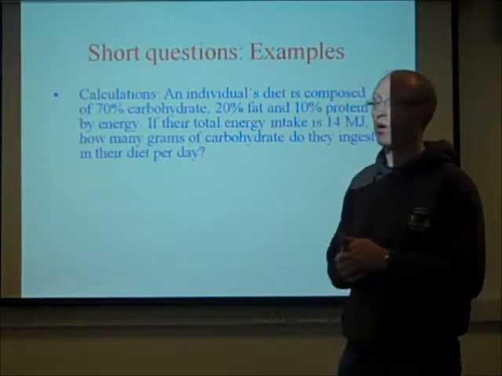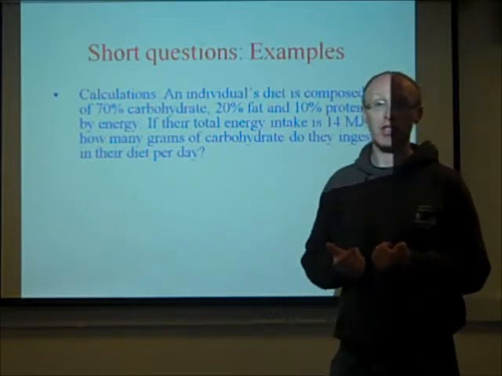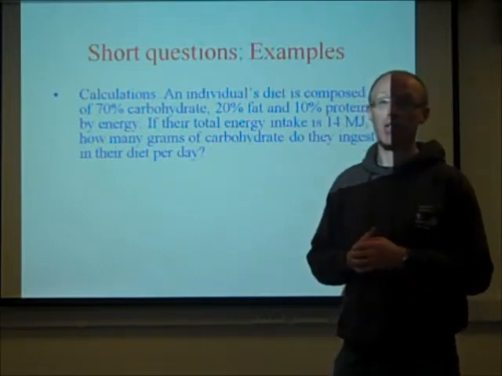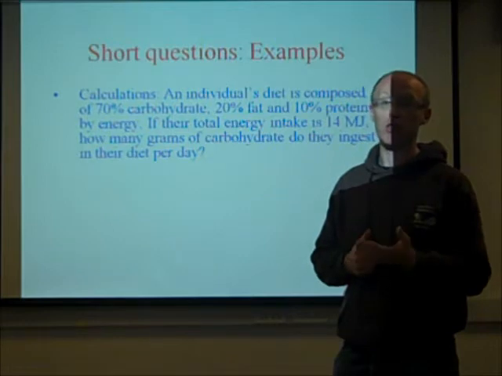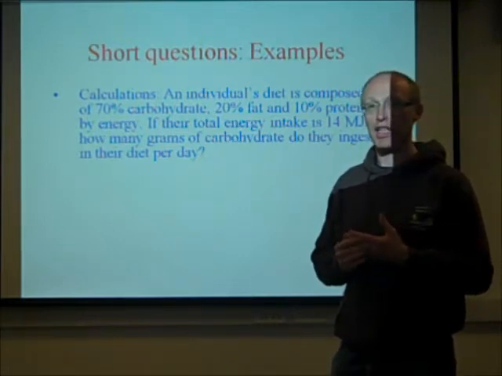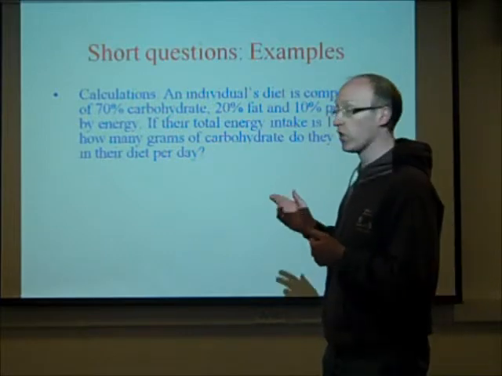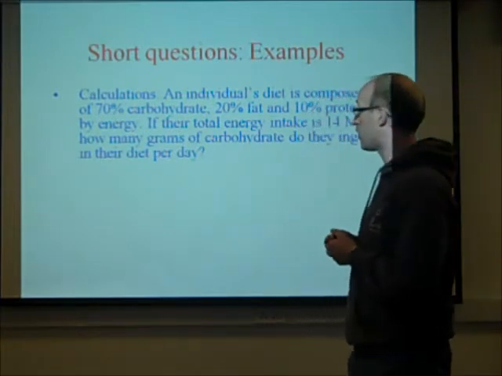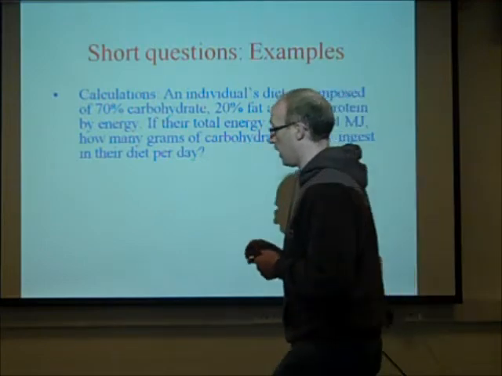Or the other way around: when I'm told their intake in grams, what is that as a percentage of their total intake? So if it's 2,000 calories and 100 grams of protein, what percentage of their diet is protein? I'm going to go through this question here and try to answer that.